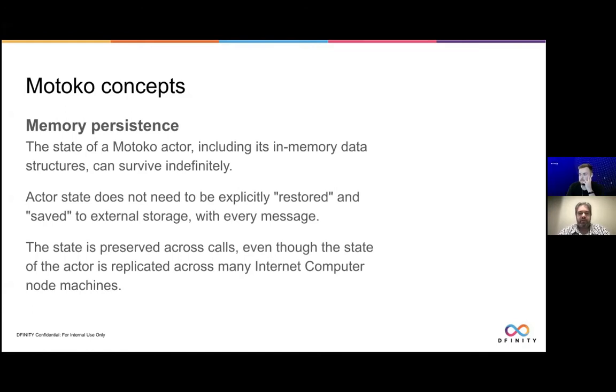It's saved within the canister, and this works even across multiple nodes. So if your dApp is spread over multiple nodes, the memory will be persistent, and it will be the same throughout the application. So that's another feature built into Motoko.